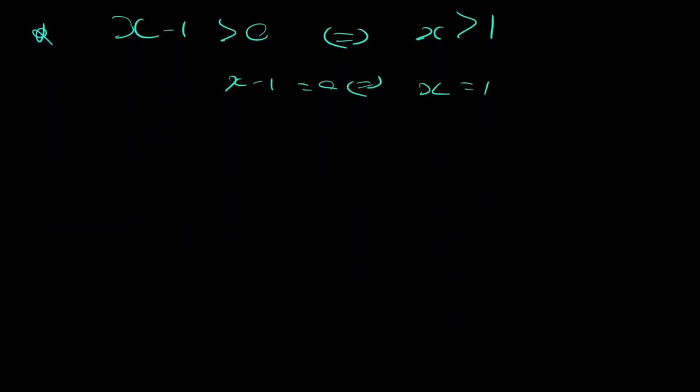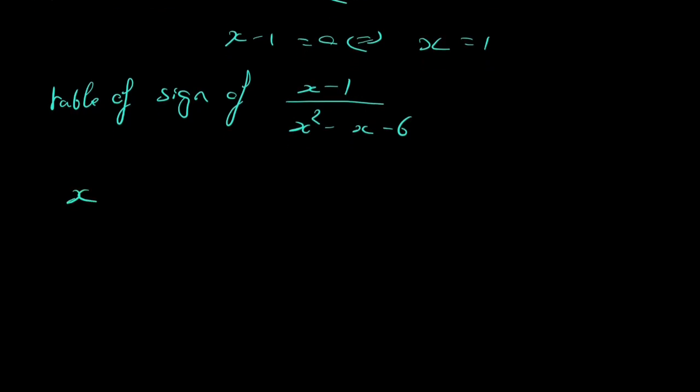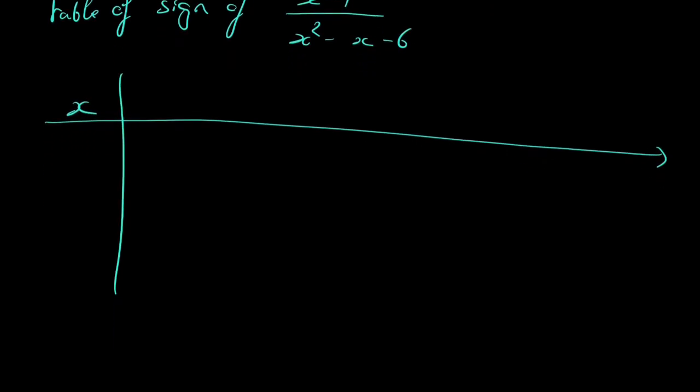Table of sign of x minus 1 over x squared minus x minus 6. We've got x going from minus infinity to plus infinity.